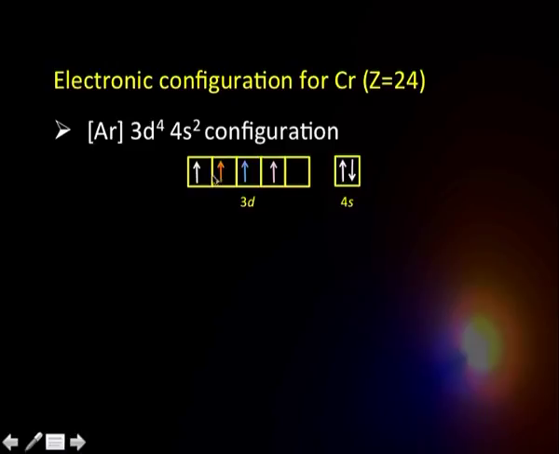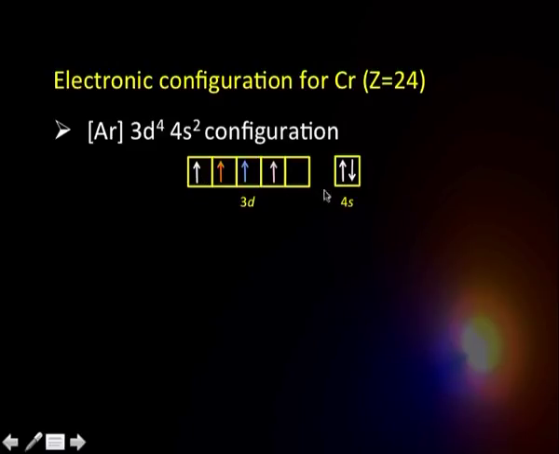Let us start with what the rules predict, 3d4 4s2. That is how the electrons are distributed over there. There are 5 degenerate orbitals here and this is the 4s1 there. Here again I have done the same thing. There are 4 electrons there, all spins up, shown in different colors for the sake of clarity. Now, if we talk about the exchanges, let us look at the first electron here.